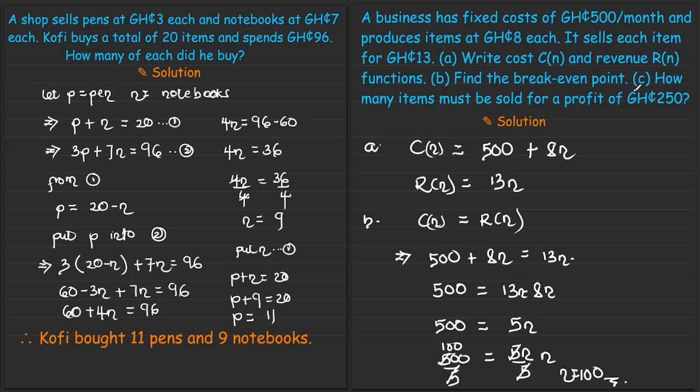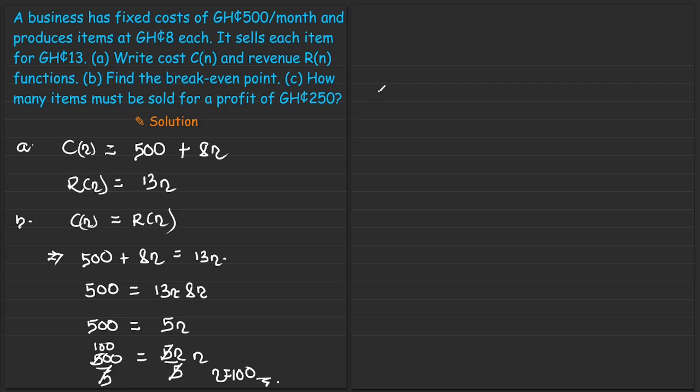Then the last part of the question says, how many items must be sold for a profit of 250? Now, for profit to be made, it simply means the profit is the revenue minus the cost function.